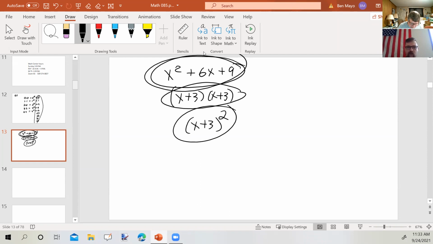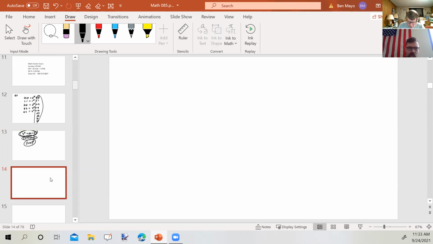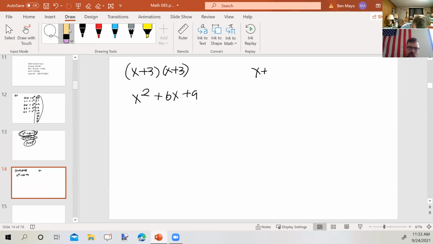Now, I'm going to look at some characteristics of perfect square trinomials. So let's go back to this x plus 3 times x plus 3. And if we FOIL it all out, we get x squared plus 6x plus 9. Let's say we take x minus 3 times x minus 3.